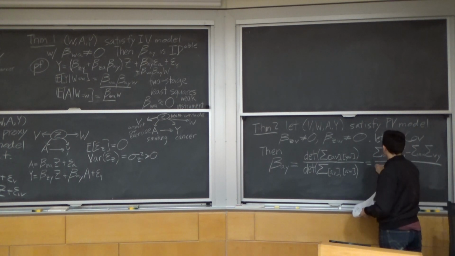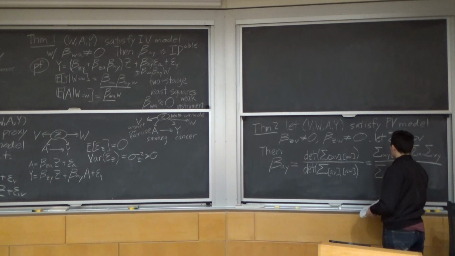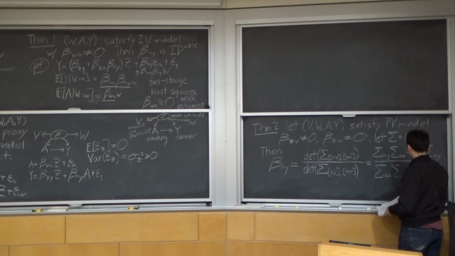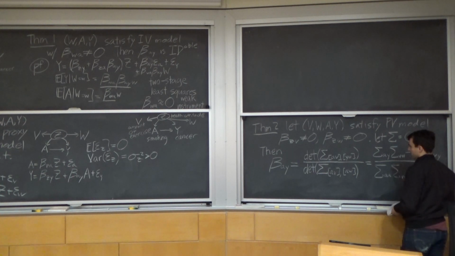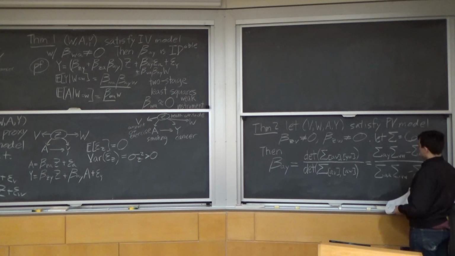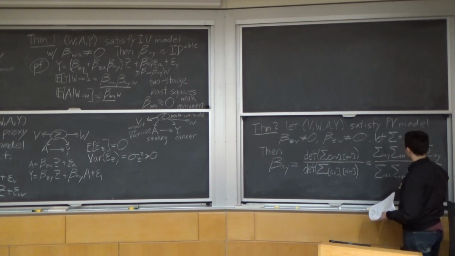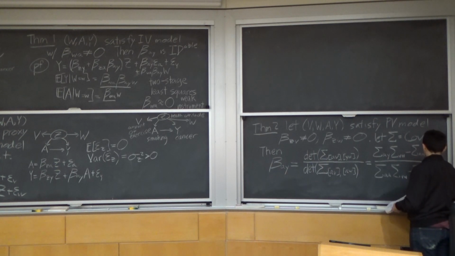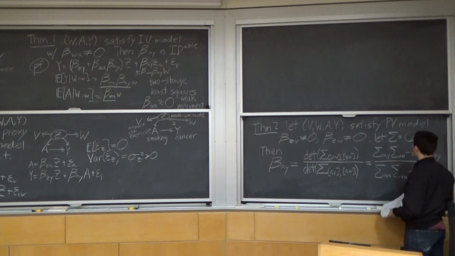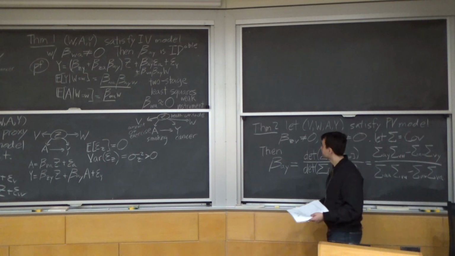And on the bottom, we're similarly going to have sigma_AA sigma_VW, minus sigma_AW sigma_VA. Great.